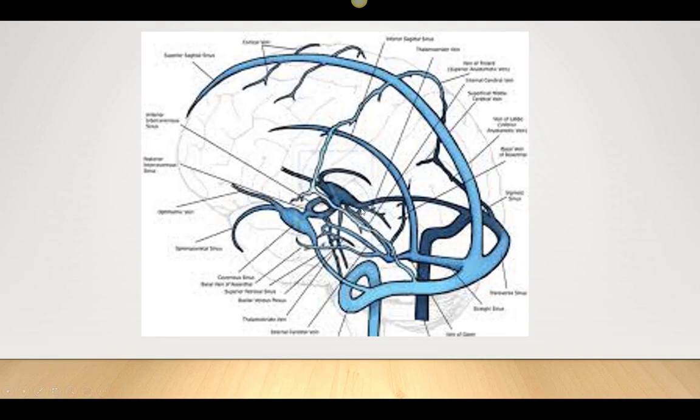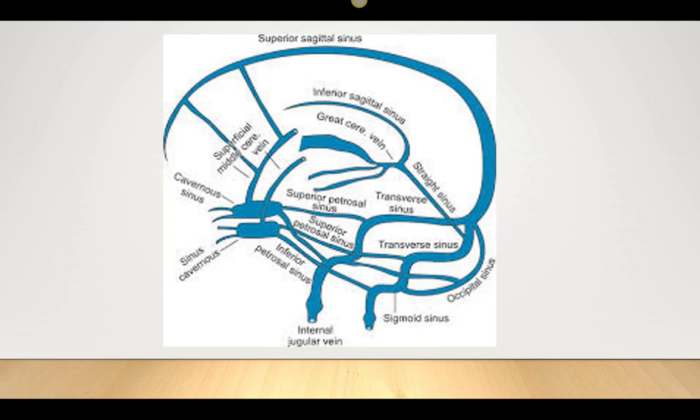Now, going over the anterior part here, this is the part around the pituitary gland. Then on the two sides, you have the other sinuses that we're going to see, but here you see how they are connecting. Finally, all the venous blood of the brain goes through the sigmoid sinus and internal jugular vein, getting out of the brain here.